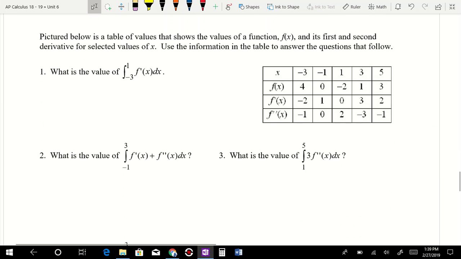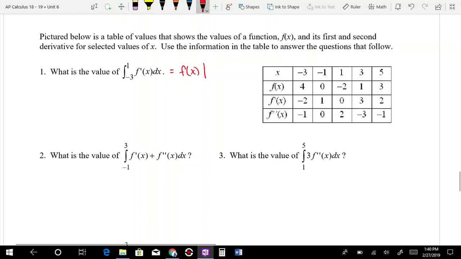So pictured below is a table of values that shows the values of a function f of x and its first and second derivative for selected values of x. We want to use this information in the table to answer the questions that follow. First question is, what is the value of the definite integral from -3 to 1 of f prime of x dx? First thing we want to do is identify what the antiderivative of this is. The antiderivative of f prime of x is f of x.